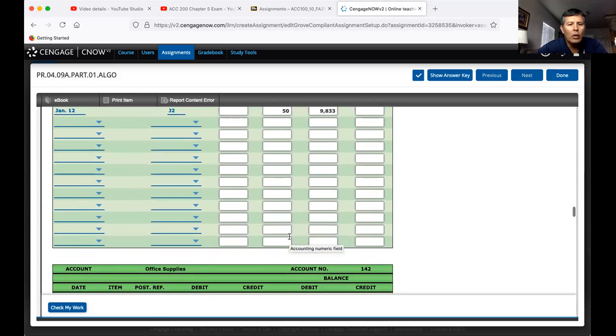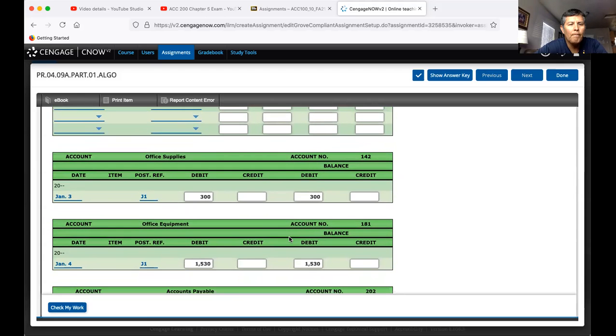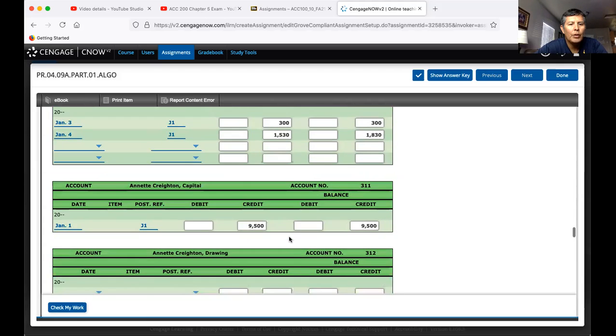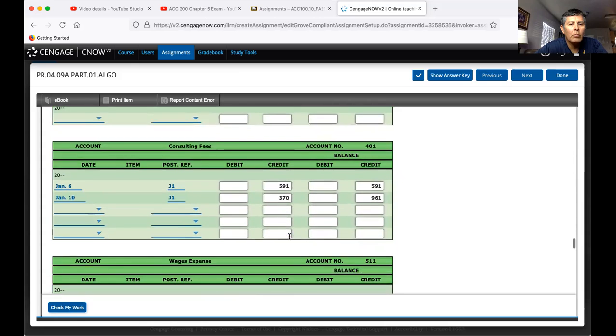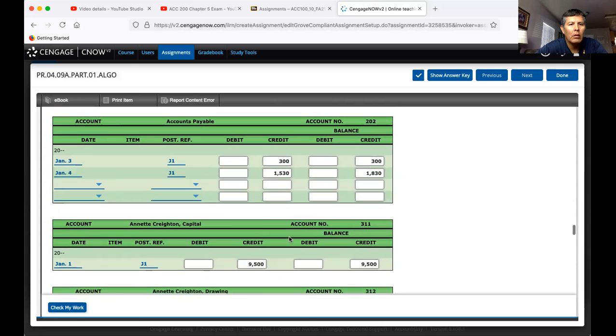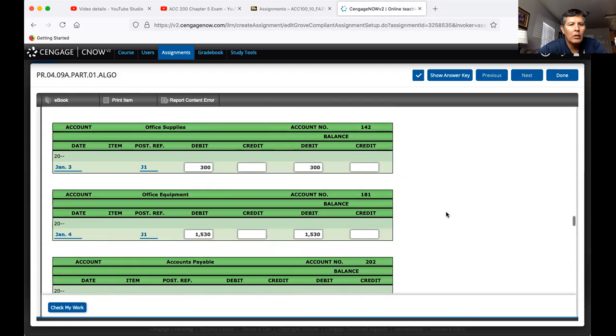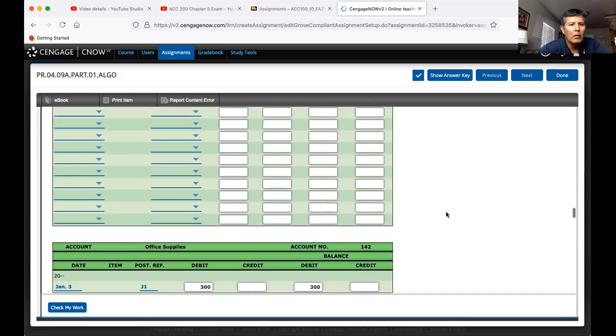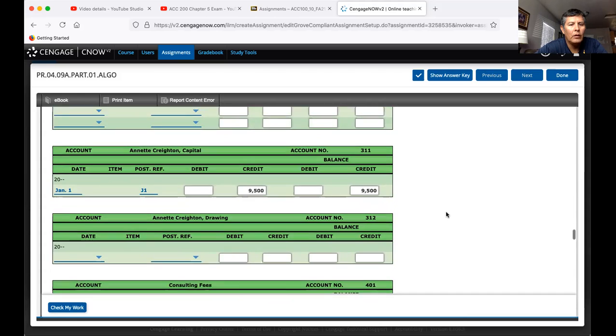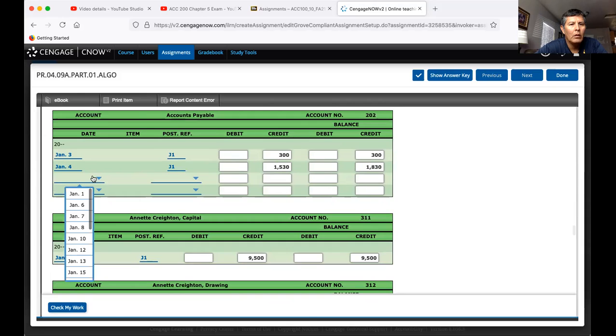Now we got to go to our payable down here. Okay. Where's our payable account? Here's our payable. Okay, January. Is it 12? Gosh, forgot the date again. January 12th, 50. Yep. January 12th. Now this is J2, remember?